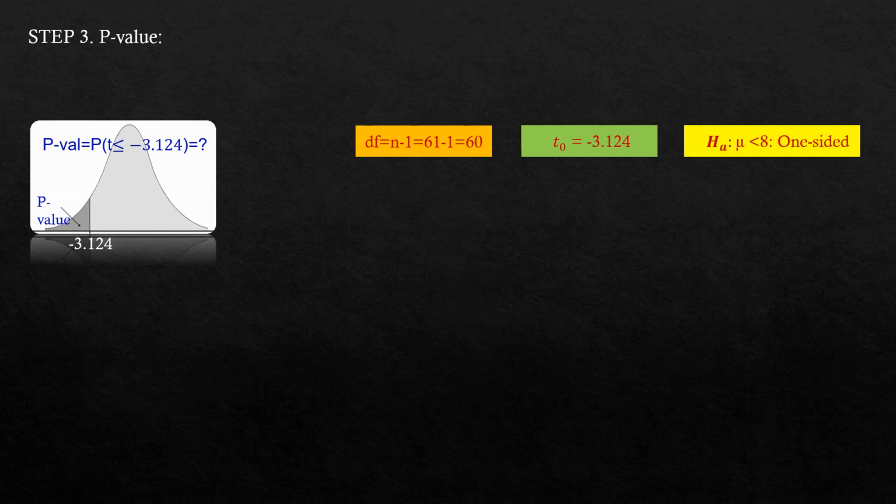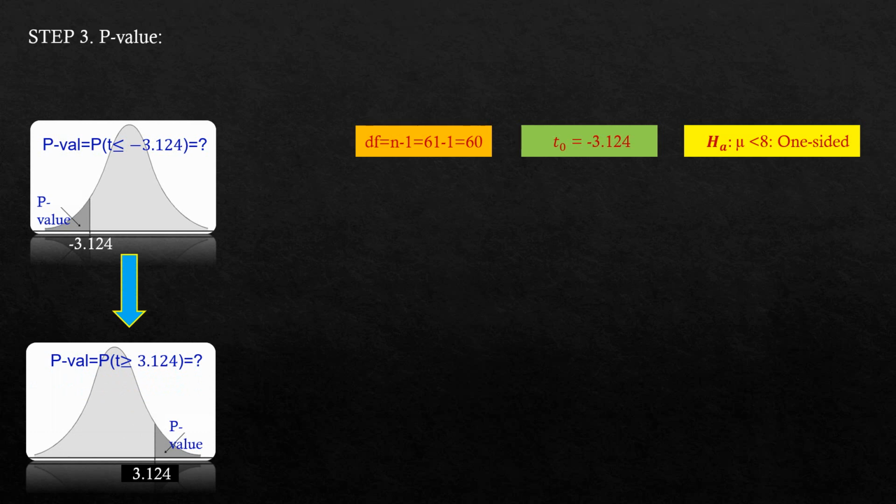How do we find this area using the table? We know there are no negative values in the table. Therefore, we can use the positive value. Why? Because the t distribution is symmetric. Now we can find the probability t greater than or equal to 3.124. That means the area under the curve to the right of positive 3.124.